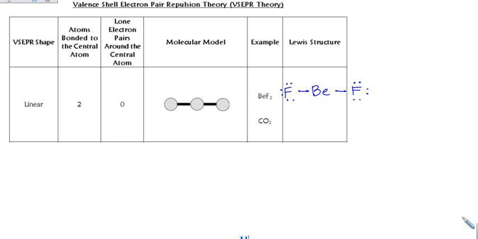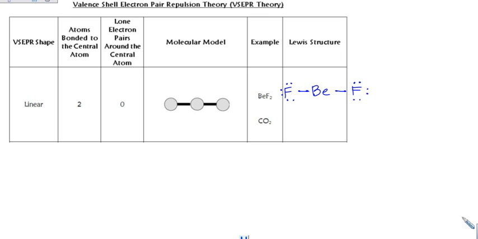Now a couple things. Number 1, the fluorines do have an octet. They have 6 non-bonding electrons and 2 electrons that are bonded. The center beryllium does not have an octet, and that's okay. Early on we mentioned that there are some atoms that are stable with less than an octet.